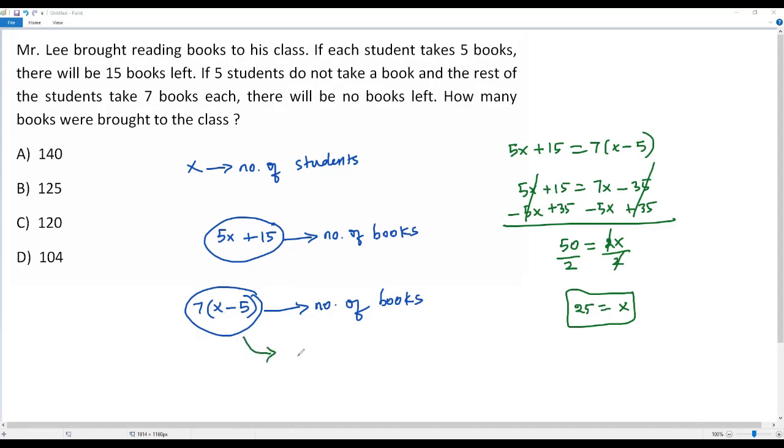If I plug in x = 25, I'm getting 7 times (25 - 5). Then 25 - 5 is 20, and 7 times 20 is 140. So this 140 represents the number of books brought to the class. We find this 140 in answer choice A. The correct answer choice for this question is A.